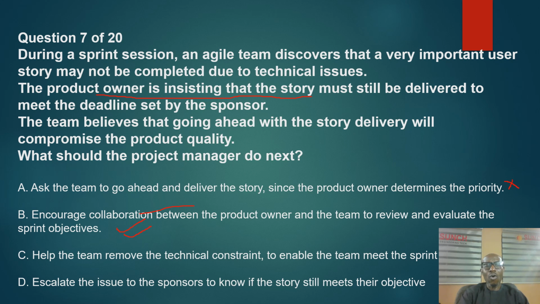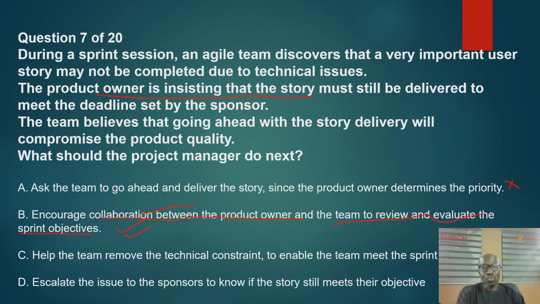B, encourage collaboration between the product owner and the team to review and evaluate the sprint objectives. You have to come together and evaluate. That is the collaboration between the product owner and the team to review and evaluate the sprint objective.